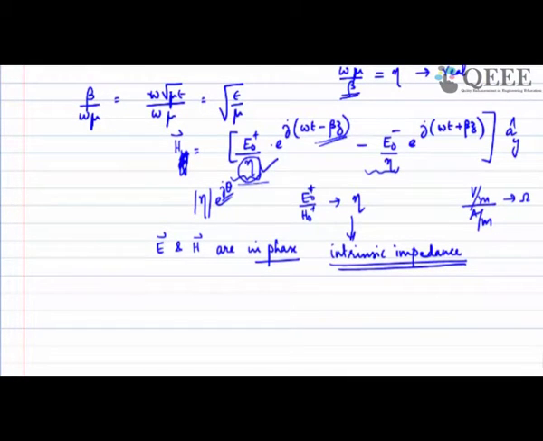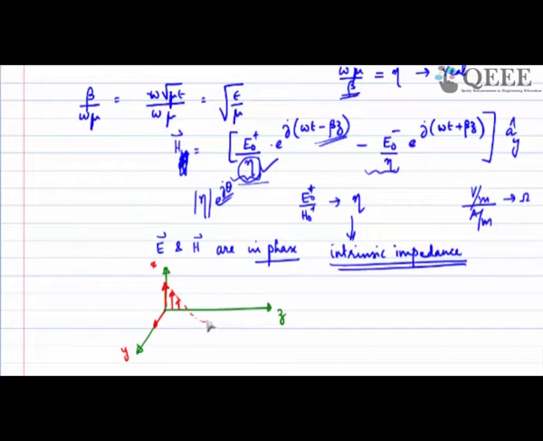But if I want to visualize this field, it is like this. As a function of z, I have E along the x direction, H along the y direction. So this is my x direction, this is my y direction, and along the z direction the field is changing.